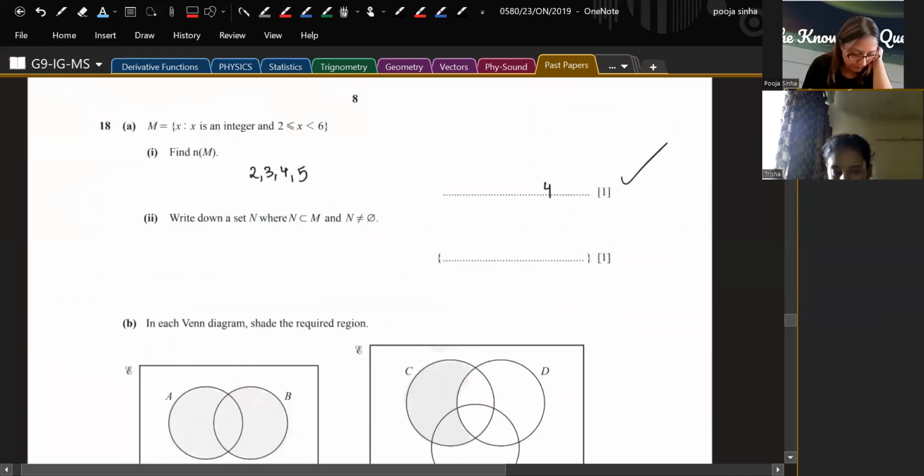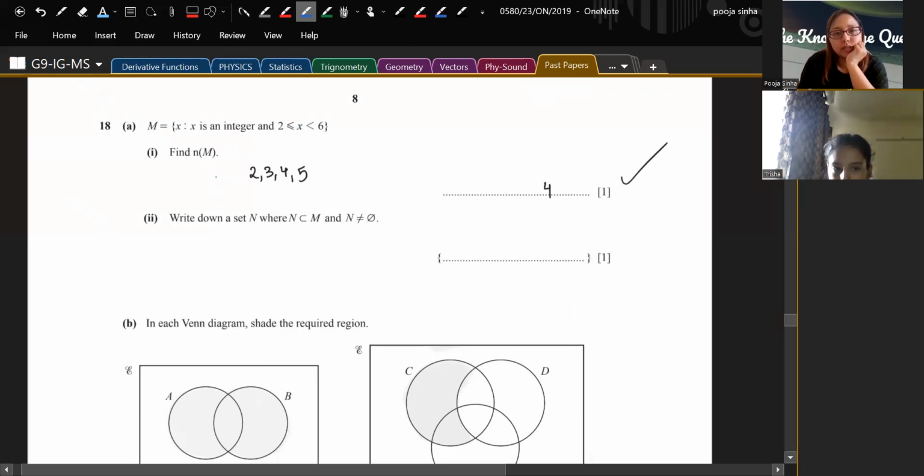18th question. M is equal to X such that X is an integer and X is between 2 and 6. Write down a set N such that N is a subset of M. Okay. So N is this, right?